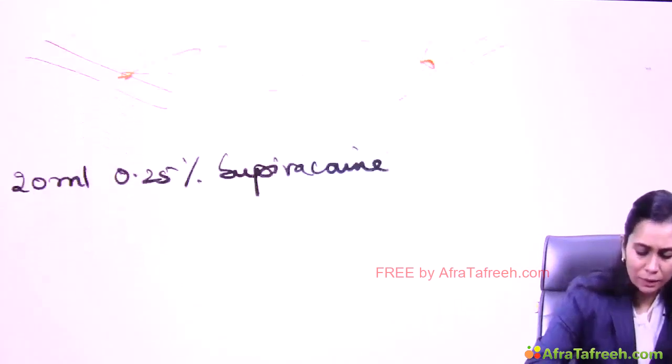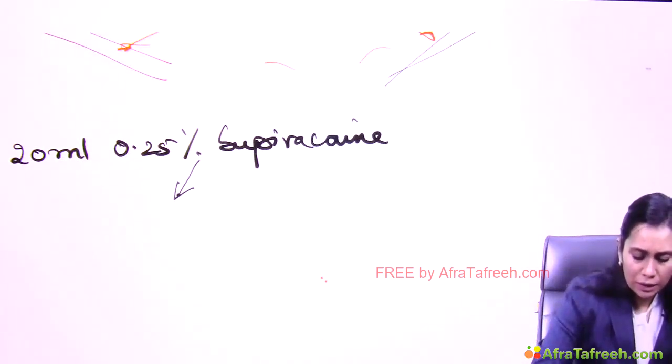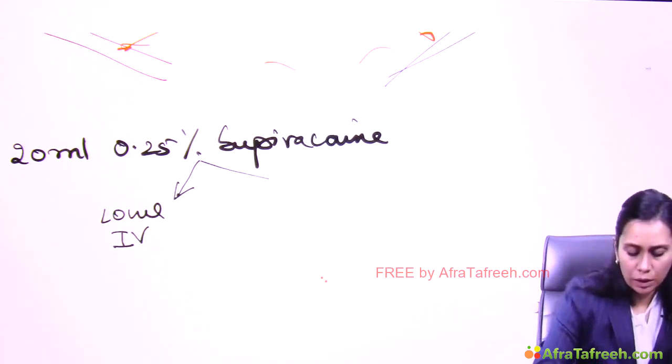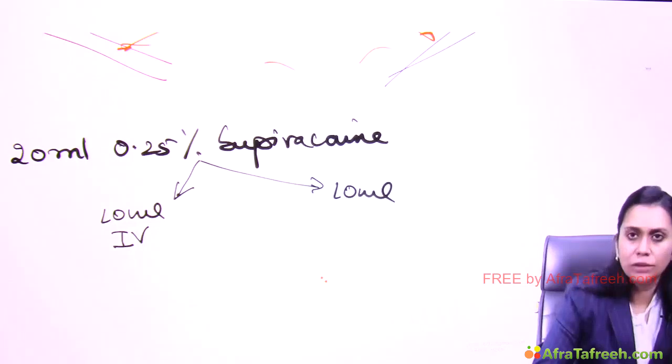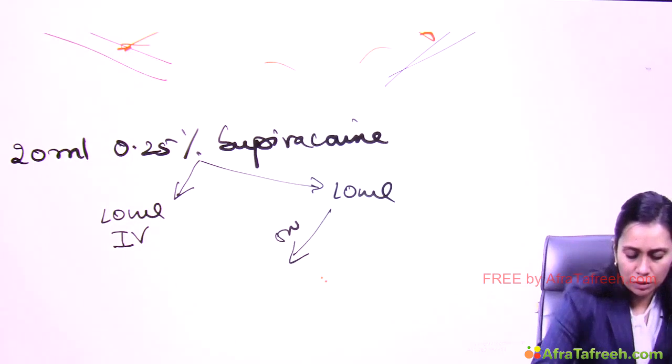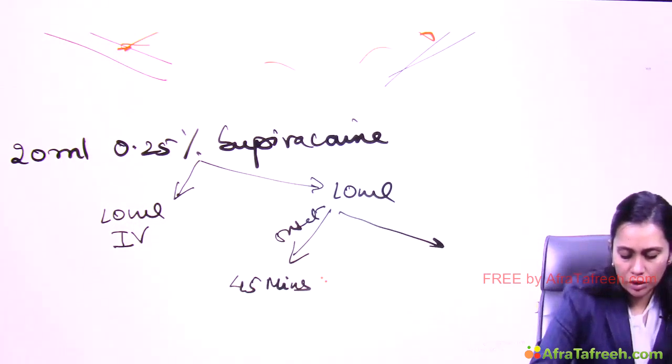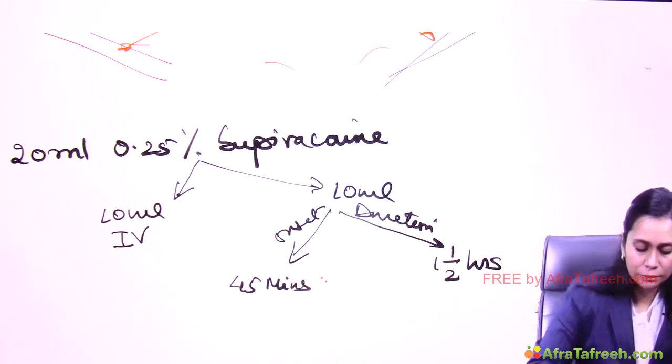What happens? Of this, 10 ml got intravascularly absorbed and 10 ml remain there for the action. The 10 ml which remained there locally for the action produced the onset of block within 45 minutes and duration for, let's say, 1.5 hours. Okay?